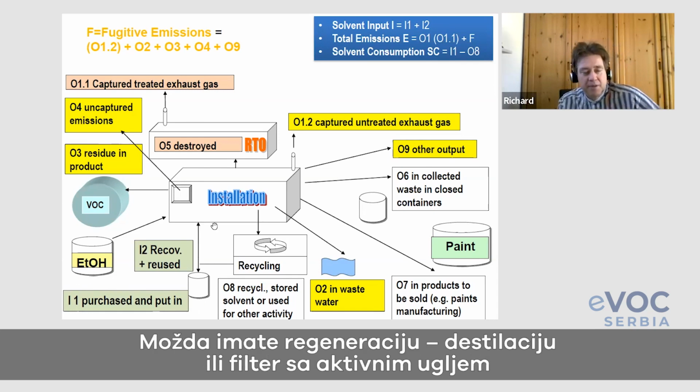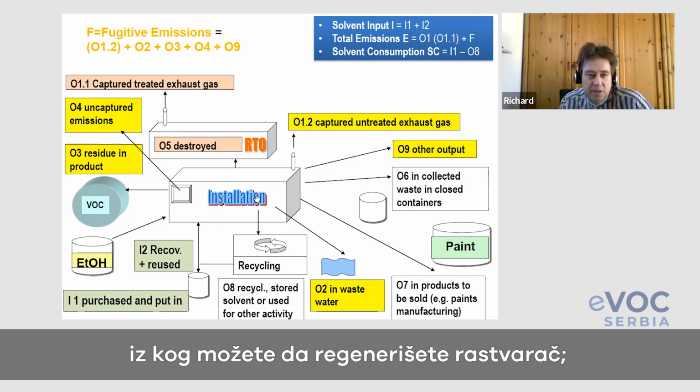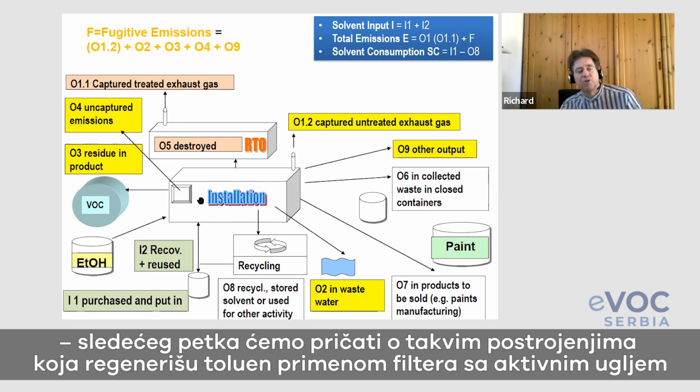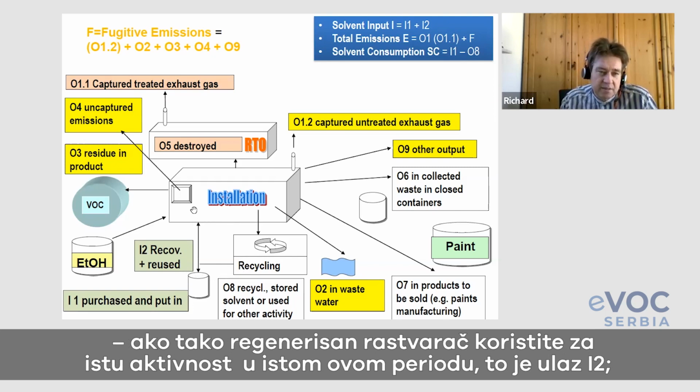Maybe you have a recovery, like a distillation in your installation, or an active carbon filter or something, and you can recover the solvent. If you use it again for the same activity, and next Friday we speak about such an installation where toluene is recovered, a typical classic example of the application of active carbon filters, then that recovered material used in that time period is called I2.